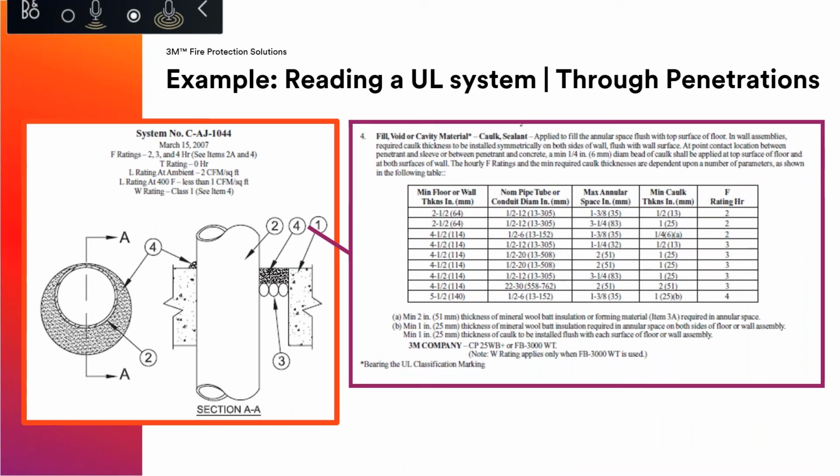Depending on the hourly rating and the substrate that you have, it gives a chart here. Depending on the thickness of the concrete, the diameter of that pipe, the minimum and maximum annular space, it'll then identify how that sealant should be installed, that caulking should be installed, and at what thickness.